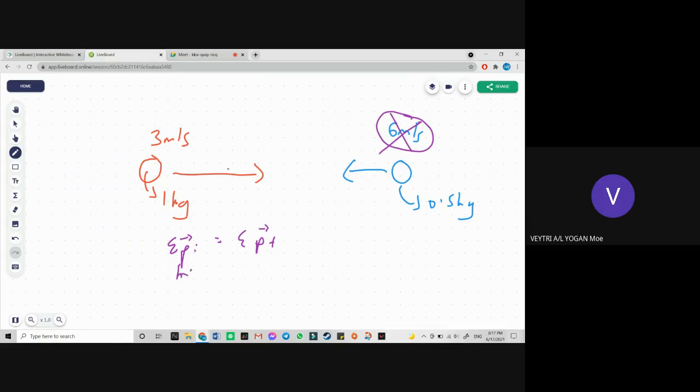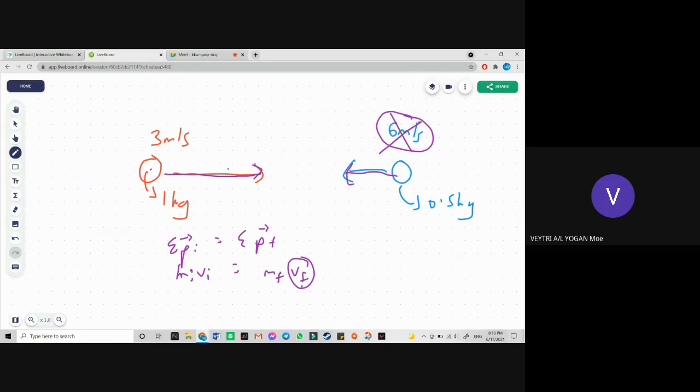Kenapa? P equals to mv. Okay, so sebenarnya kalau macam ni, you have to find the final velocity. Alright, now let me explain how do you apply this particular formula. We are talking about the same ball. Maksudnya initial dia pergi situ, lepas tu dia kena something and then it comes back, okay?